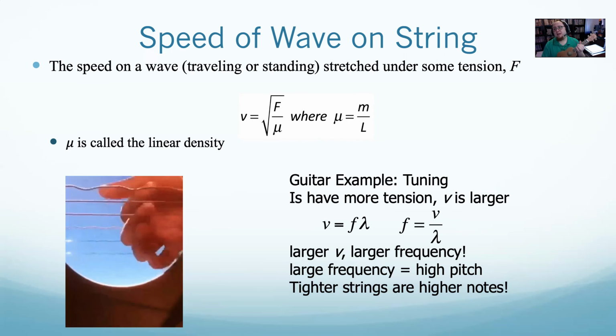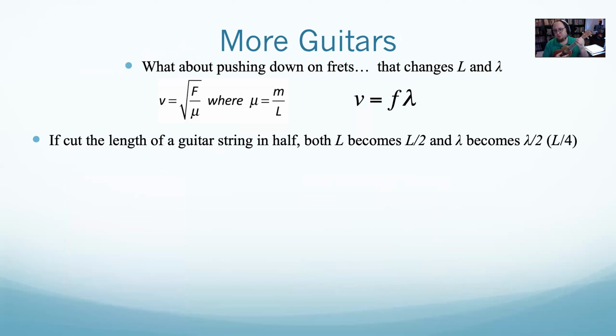Now, when you actually play a guitar, how you do different notes is by pushing down on frets. By going from here to pushing down this fret, I can do different pitch notes. The reason why is when you push down on a fret, you're basically changing the length of the string.